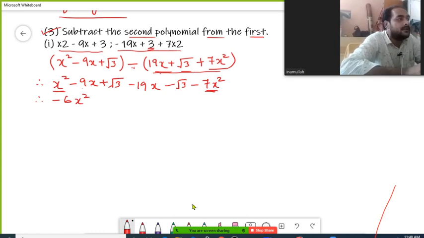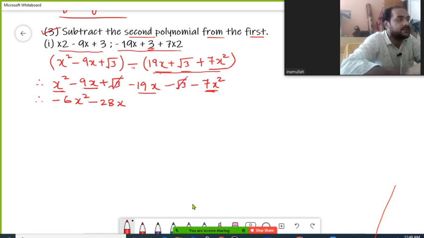Then this 19x and 9x, both are like terms. So minus, minus, plus, but we will take the sign of the greater number. Since 19 is greater, which is negative, I'll take a minus sign. 19 plus 9 is 28x, and then we have positive root 3 and negative root 3, which will become 0.